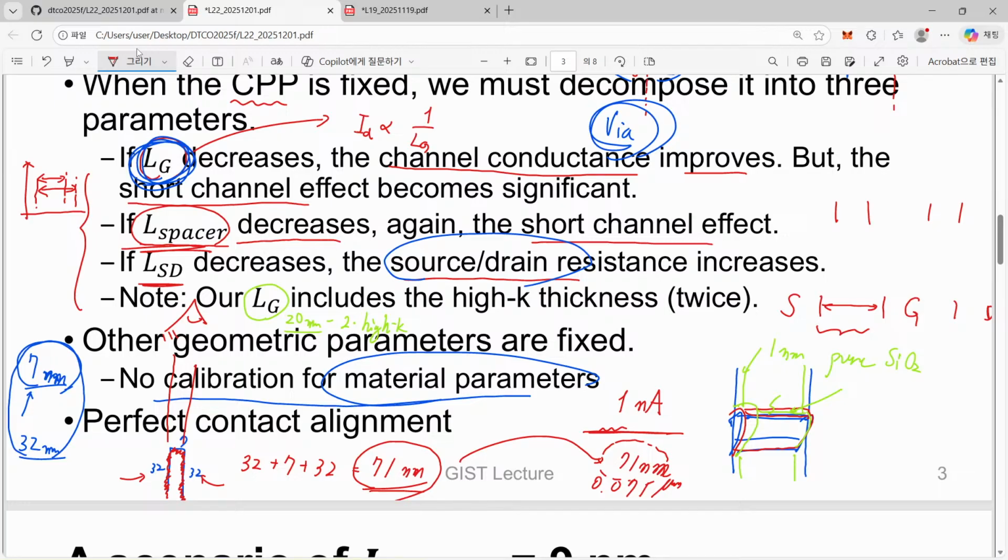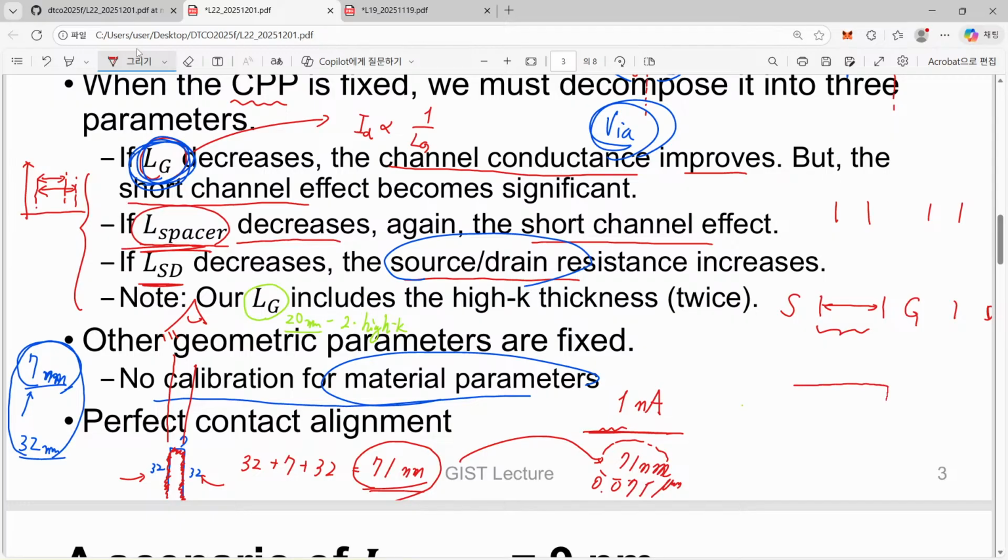The reason why I'm talking about this is quite interesting. Nowadays, people are no longer using FinFET. Of course they are using FinFET in mass production, but in R&D they are using the gate-all-around transistor, especially multi-stacked.